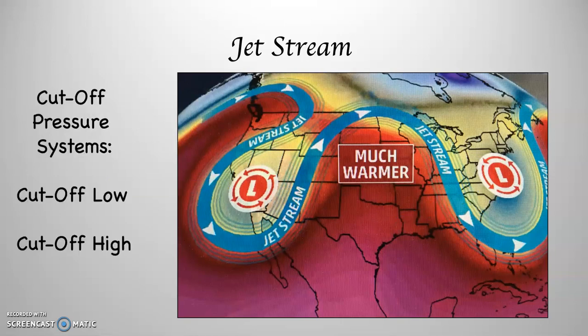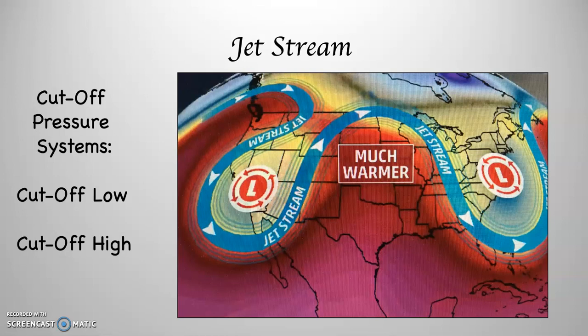However, the minute they break with the jet stream, or the jet stream breaks its pattern, as happened with this, where that northern part of the jet stream broke off and it began to go back to its normal westerly pattern, and then that southern dip was no longer in contact and it broke down. Nevertheless, the low pressure system remained intact. And whenever a low pressure system or high pressure system gets broken away from the jet stream and is no longer in contact with the jet stream, we call this a cutoff pressure system, which is a pressure system that's no longer in contact with the jet stream.